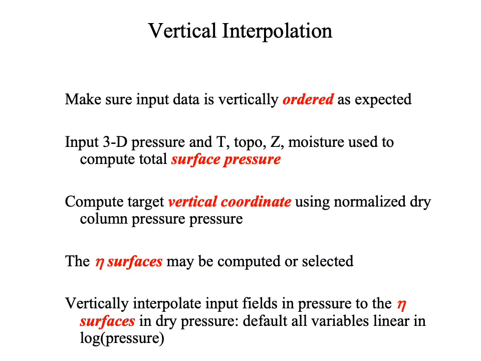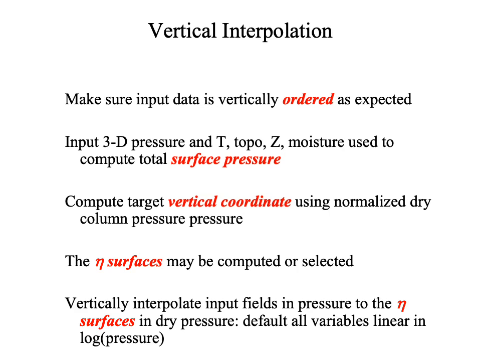The internals of the vertical interpolation that go on inside of the real program are largely outside the purview of an individual user. The functions that go on are basically things such as the data is input and then it is vertically ordered.